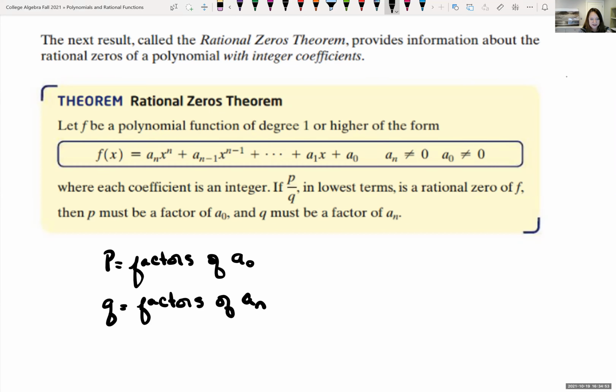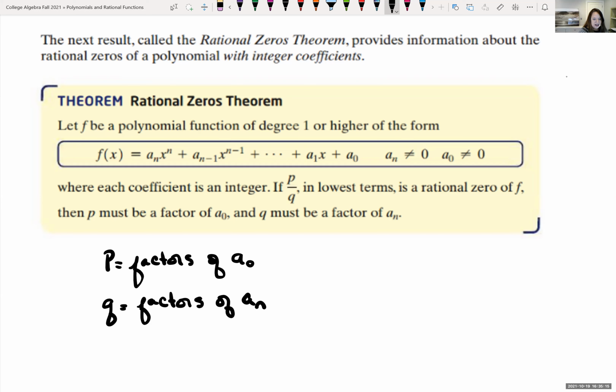Unfortunately, what it doesn't tell me is if an irrational number is a zero or not. So if square root of 2 was a zero, this theorem won't help me. But it's going to help me narrow down my search and break down my factors into smaller and smaller factors.